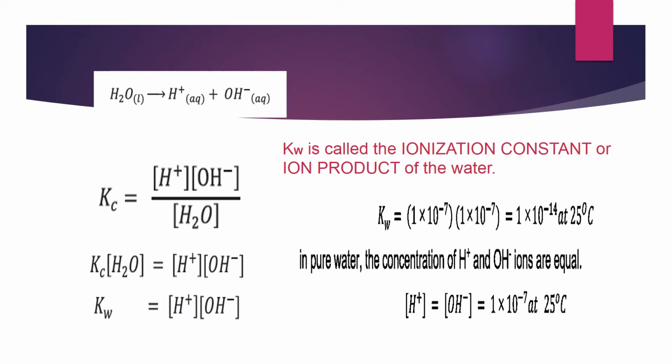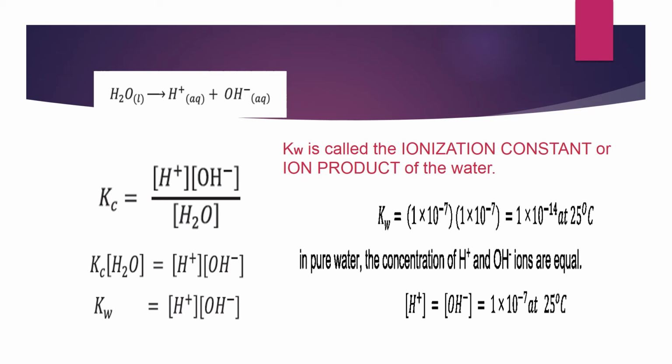So when we bring the water concentration to the left-hand side with Kc, we get Kc times the concentration of water equals the concentration of hydrogen ion times the concentration of hydroxide ion. This Kc and water concentration can be replaced by a single constant, Kw. So Kw is equal to the product of the concentrations of hydrogen ion and hydroxide ion.